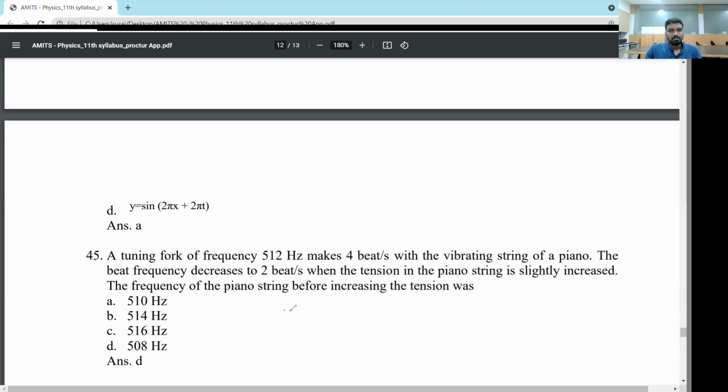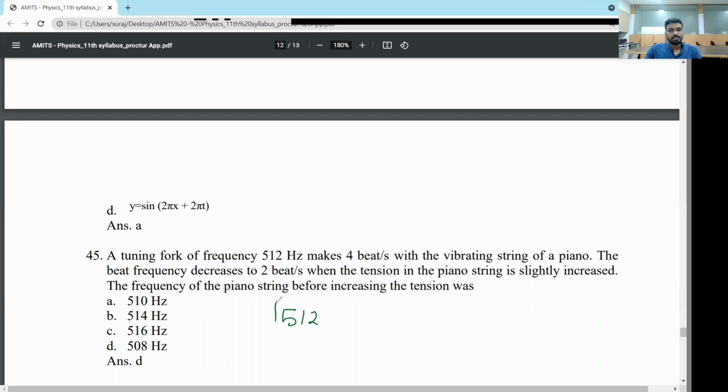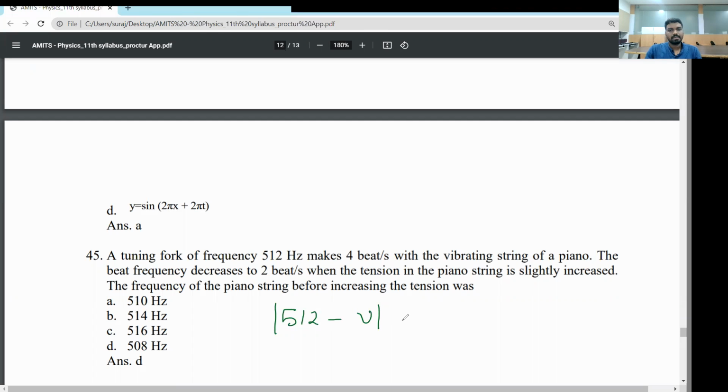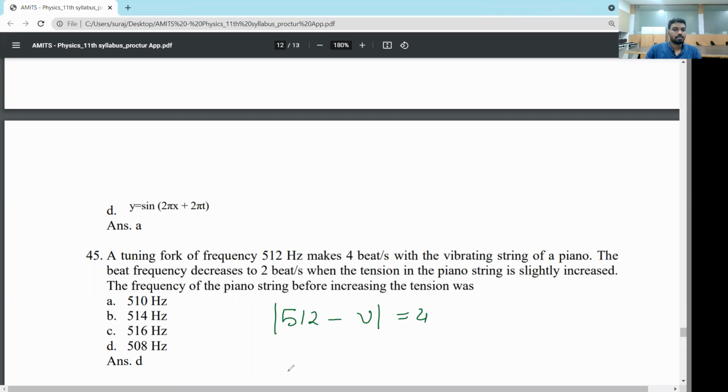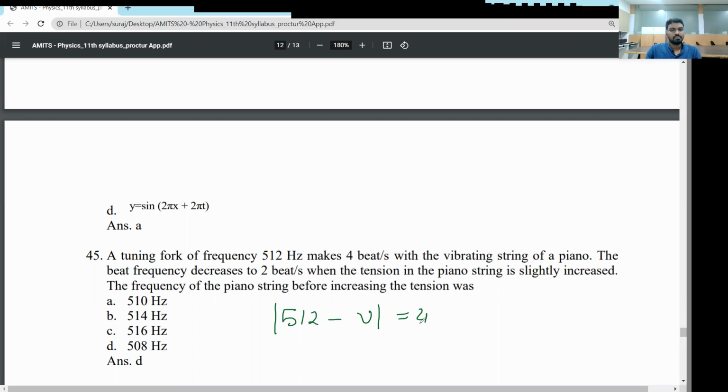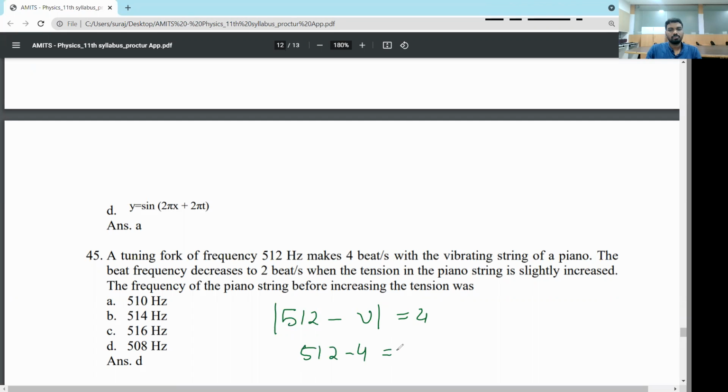See, with the help of 512 Hz, it is making 4 beats. Now I want the frequency. 4 beats are there, right? So 512 minus 4 equal to the frequency. So this is 508. Option D is correct.